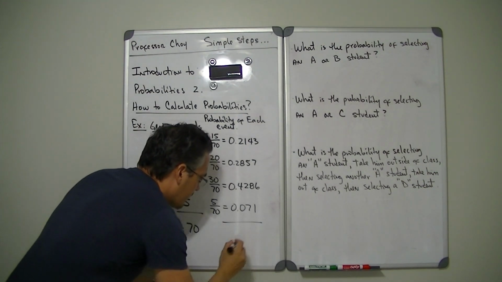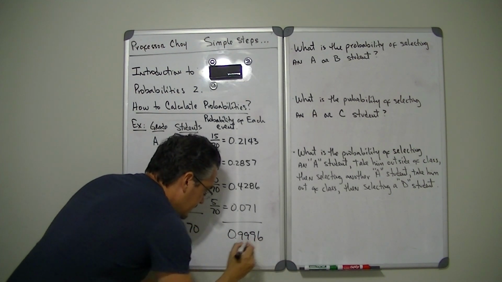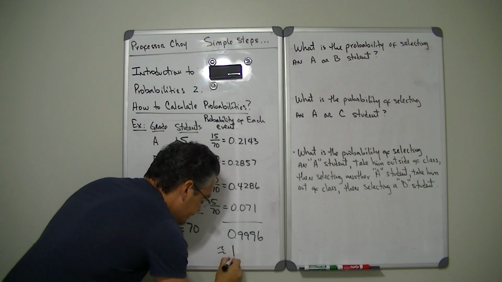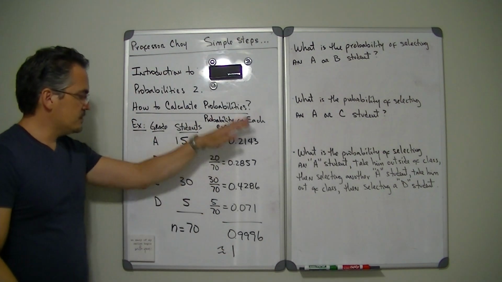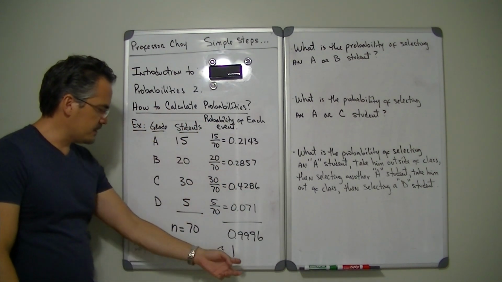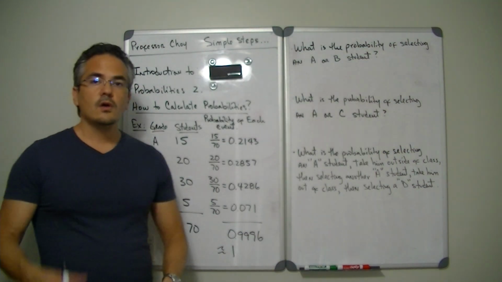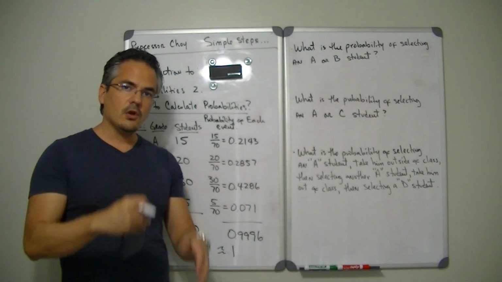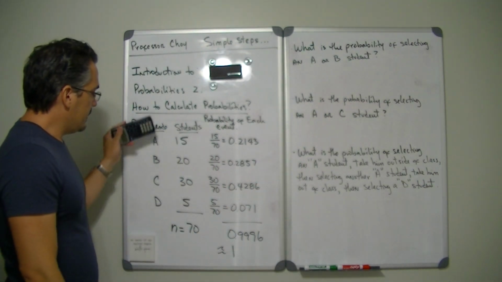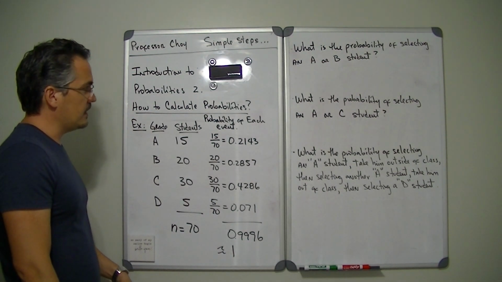If you add up all the probabilities, I have 0.9996, which is the same thing as 1. So if we did this right, the probabilities of all the events added together is 1, because remember, probabilities go from 0 to 1 inclusive. So for any of the things that I pick in here, I could calculate the probability.